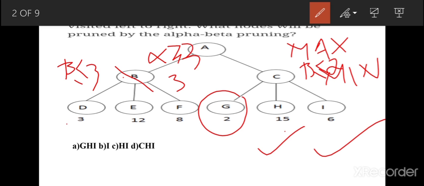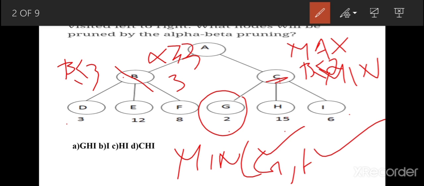Suppose we consider these two nodes. What will be the value of the root node? The minimum of G, H and I will be node C. What is the minimum of G, H and I? That is 2.